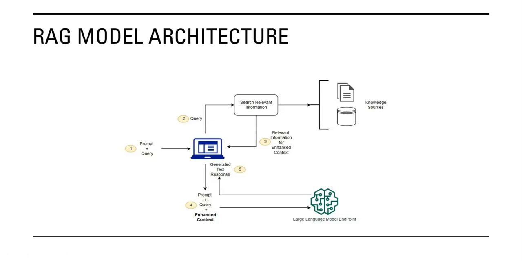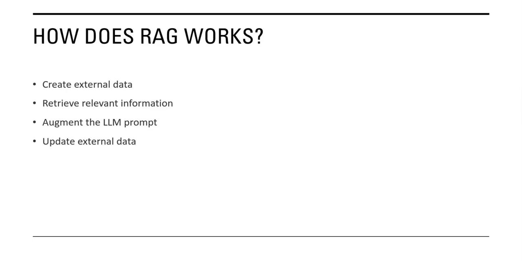Okay, so now how does RAG come into the picture? For this, you have an additional setup added, so that in that form the RAG model will work. The first step is you have to create the external data.